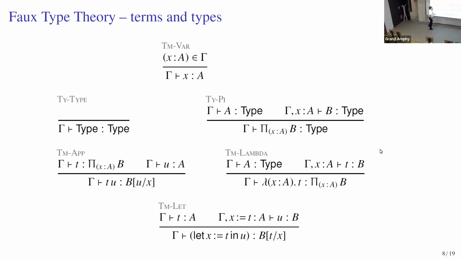Okay, so let's see. I'm wondering whether you need any rules for well formation of context. Are you asking how do I know that this context makes sense? Yes. That's something that I want to sweep under the rug a little bit. We could be very careful about explaining what it means for a context to be valid, and you need to do so because sooner or later you need to use the fact that your context doesn't contain any garbage.